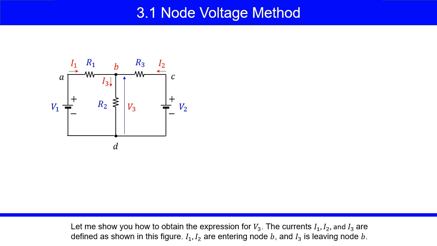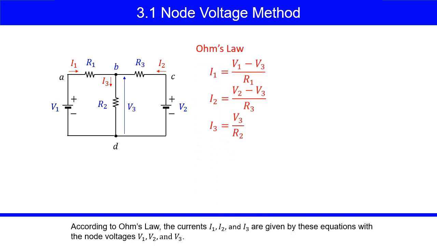Let me show you how to obtain the expression for V3. The currents I1, 2, and 3, are defined as shown in this figure. I1 and I2 are entering node B, and I3 is leaving node B. According to Ohm's law, the currents I1, 2, and 3, are given by these equations with the node voltages V1, 2, and 3.